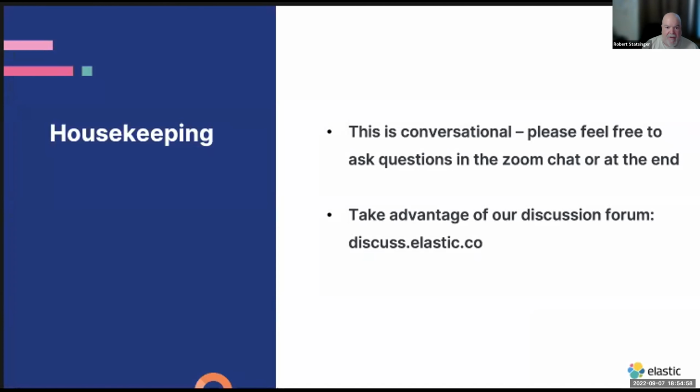I'll try to go through them at the end, or our parking lot, anything that I don't know the answer to. I also definitely encourage you to take advantage of our discussion forum. The sum total of expertise of all of our elasticians and all of our users and so forth can be found there. So that's also a great place to learn more.